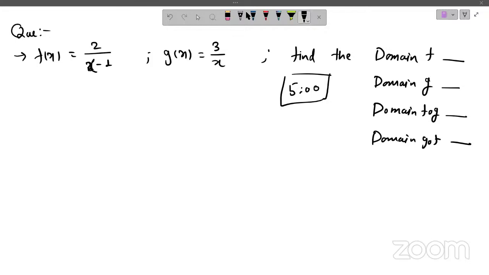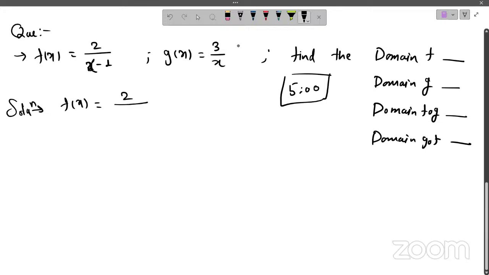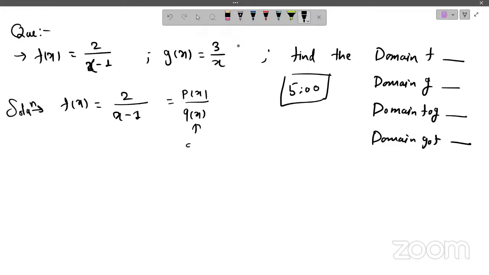Okay, so shall we discuss now? Yes, ma'am. Okay, so let's come to f(x) first. f(x) is just 2 upon x minus 1. Whenever our function is rational, some p(x) by q(x), what are the points we should exclude from the domain? Where our q(x) is equal to 0, right?